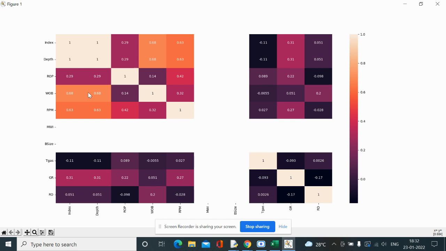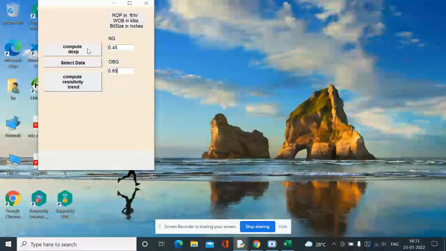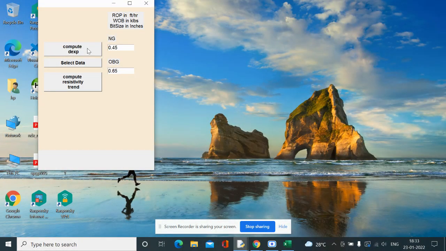Although it may not give meaningful ideas, it helps to find how each parameter is correlated with each other. Okay, let's come out of it. We have the button for computing the exponent, and it computes the exponent and plots the exponent.